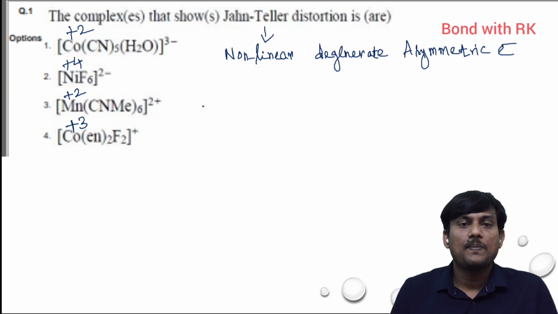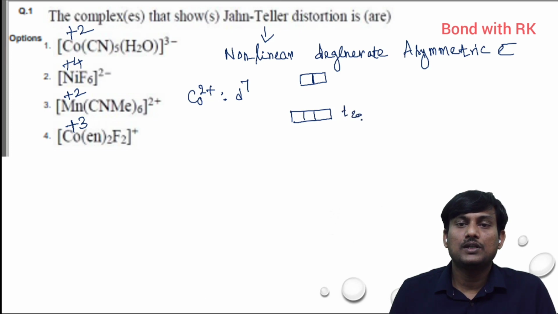In cobalt 2+, the electronic configuration is d7, with a strong field ligand. In an octahedral field, there is a splitting of the 5 d orbitals into t2g and eg sets of orbitals.